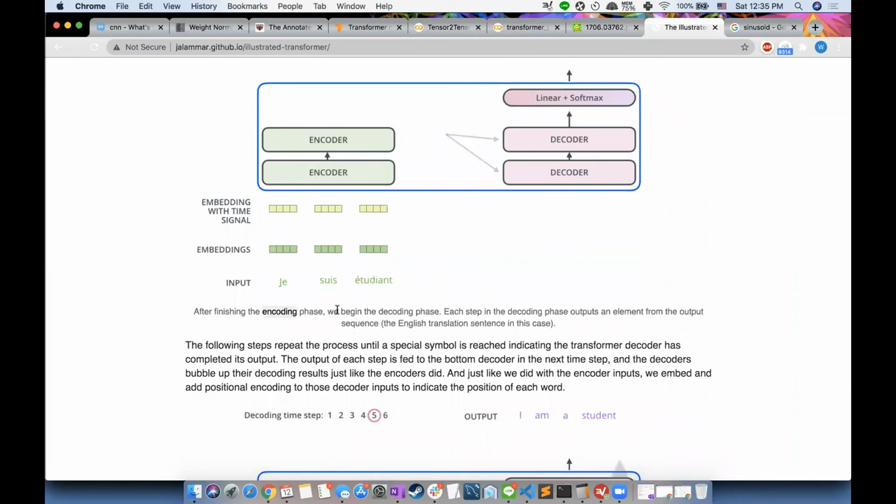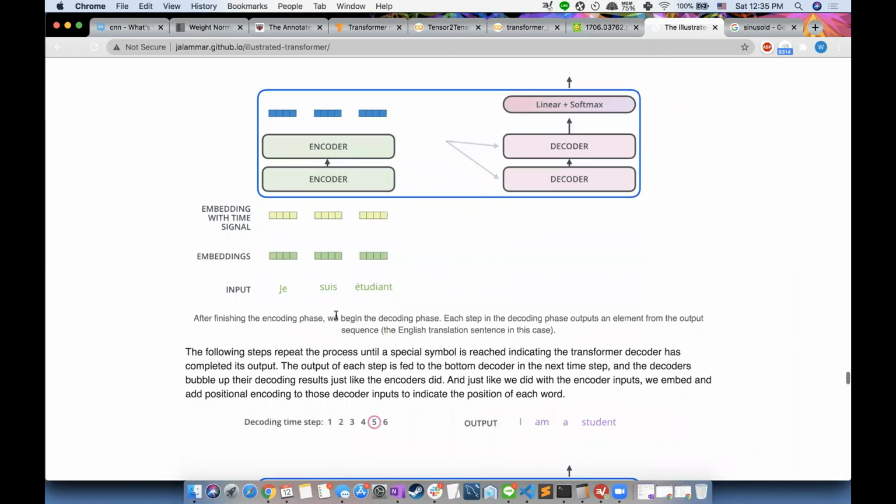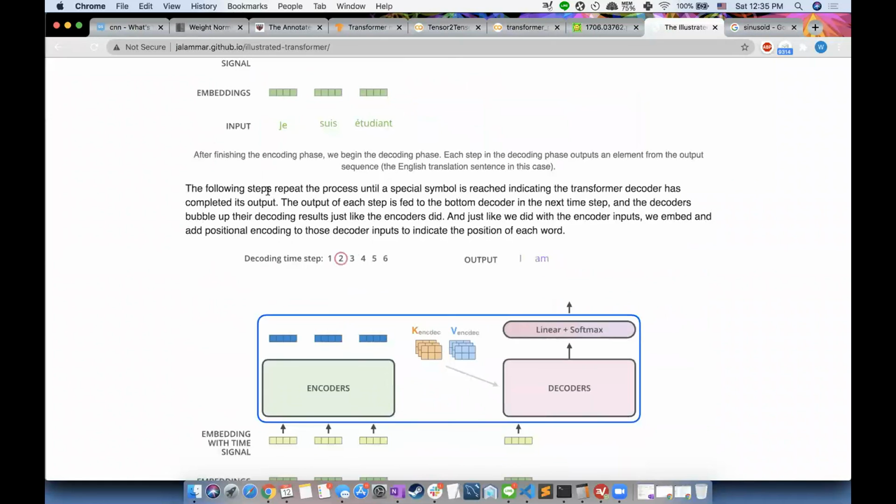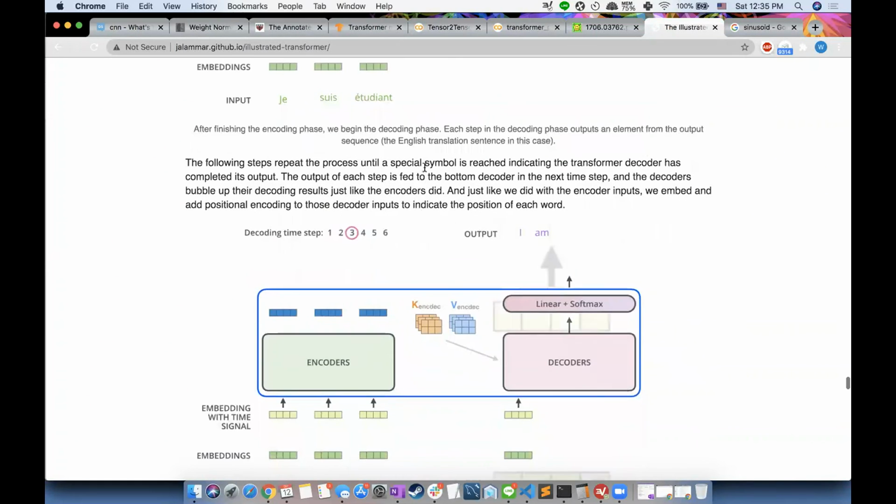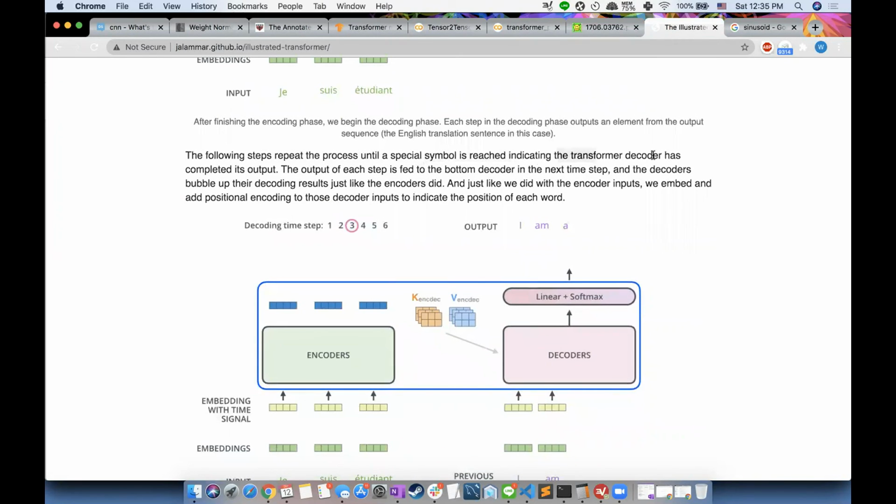After finishing the encoding phase, we begin the decoding phase. Each step in the decoding phase outputs an element from the output sequence. The following steps repeat the process until a special symbol is reached, indicating the transformer decoder has completed its output.